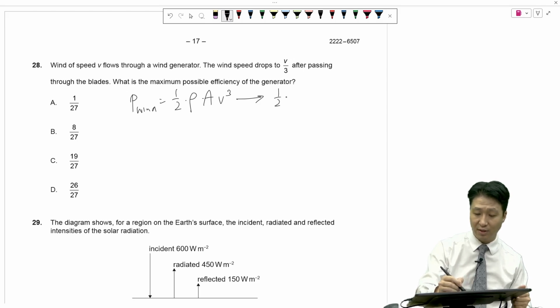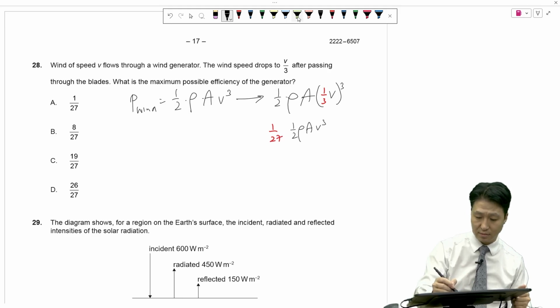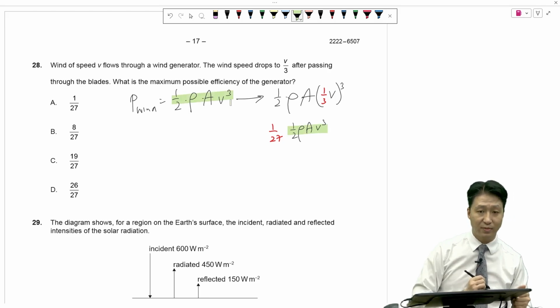So it would be 1/2 times the density, same area, 1 over 3 V cubed. If we just color code this as 1/3 here, cubing it would give you 1 over 27. Everything else is the same. This is the same as the original.